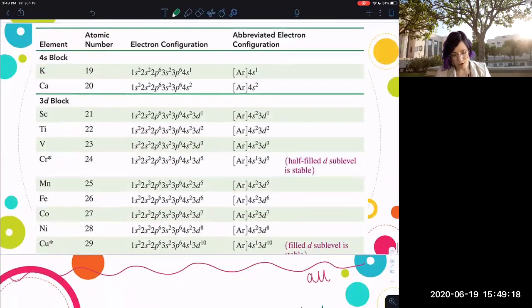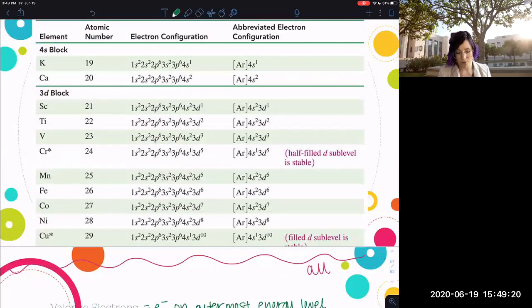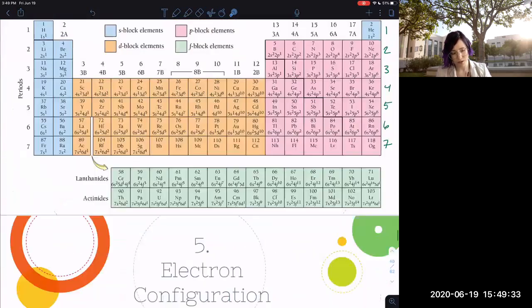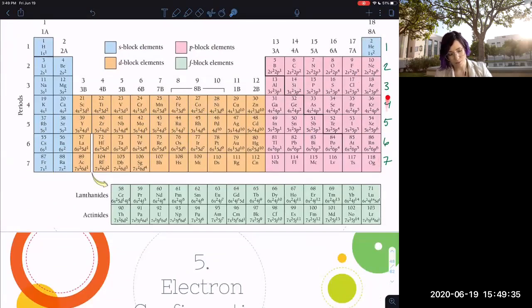So here are some electron configurations, abbreviated. Notice that the d does something weird. It goes back in energy level. I'm not even going to ask you about that, so don't worry. All you have to know is up to calcium. Abbreviated just means that you put the noble gas before that element in brackets, to say I don't want to go all the way from hydrogen.